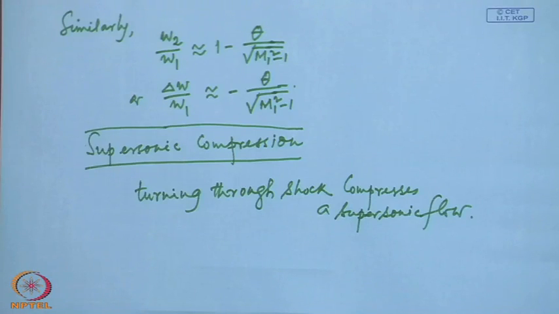Now, when we achieve this turn by a number of smaller corners, then the shock at each corner will divide the flow field near the wall into a number of segments of uniform flow. However, away from the wall, the shocks will tend to interact, and the flow will be as if passing through a single shock.